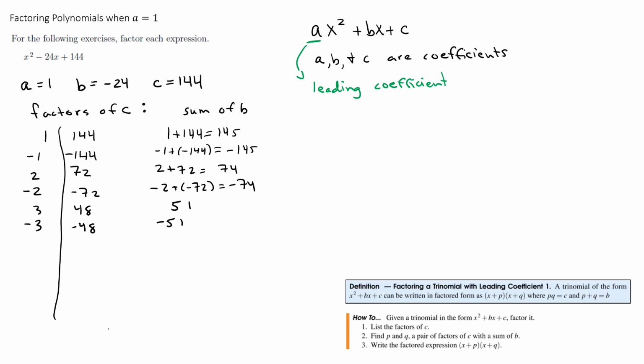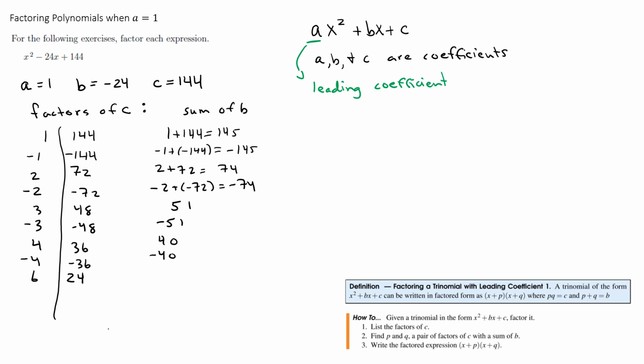Alright, and then we won't be able to divide by 5, right? Because 144 doesn't end in a 5 or a 0. We should be able to do 6 though, because it was divisible by 2 and 3. So we'll have 6 and 24, which gives us 30, and negative 6 and negative 24, which gives us negative 30. 7 here is not going to work. 8 will work because we were divisible by 4 and 2.